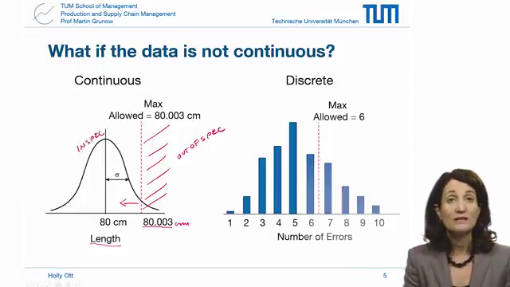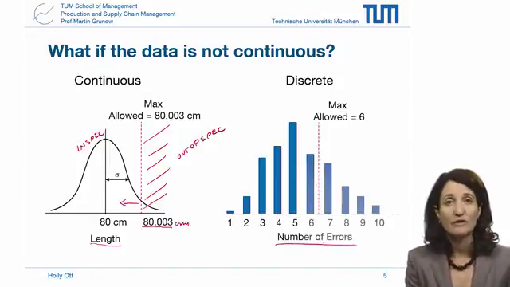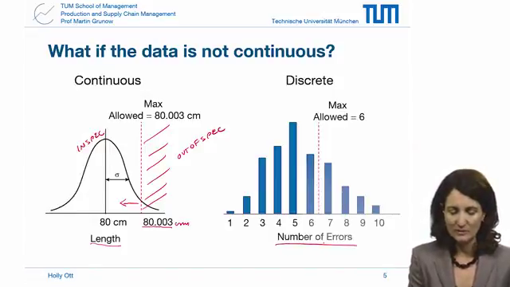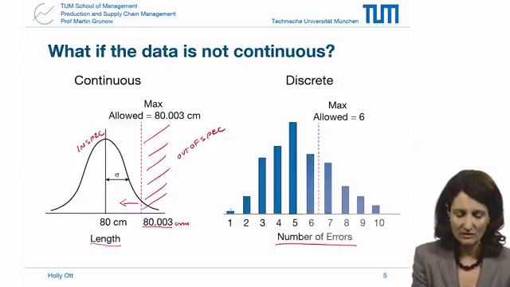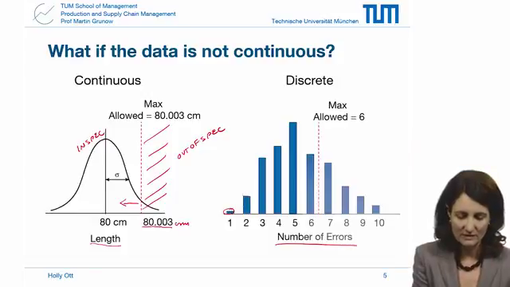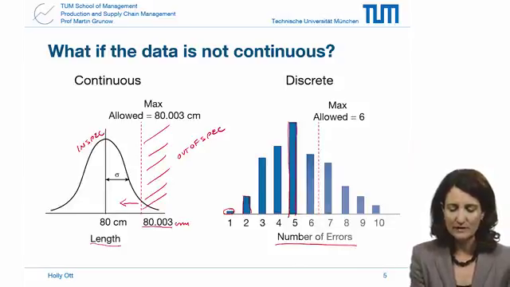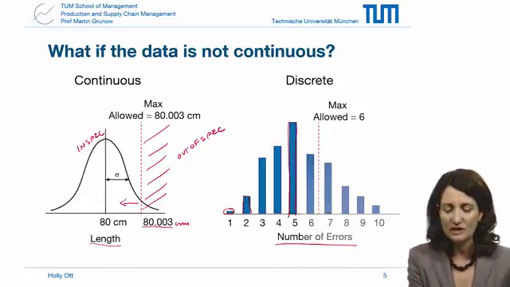Now for discrete data, here we have, for example, the count of the number of errors on a typed page. So we have one error here, and we have several more instances. We seem to have quite a few instances with 5 errors. This is just an example here. And we've given a specification that the maximum allowed errors is 6.